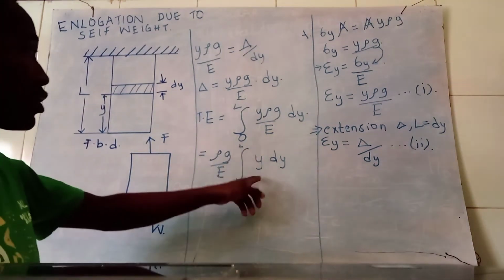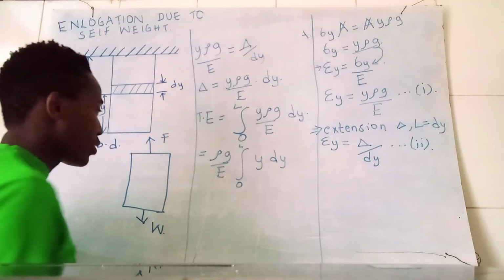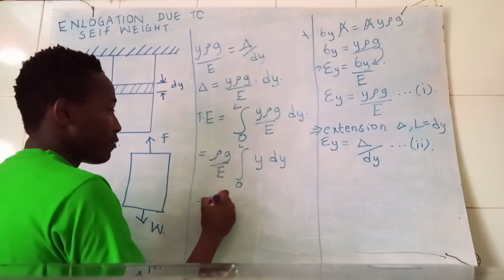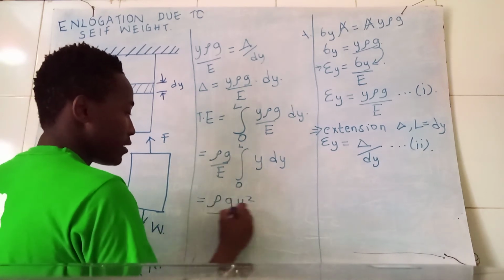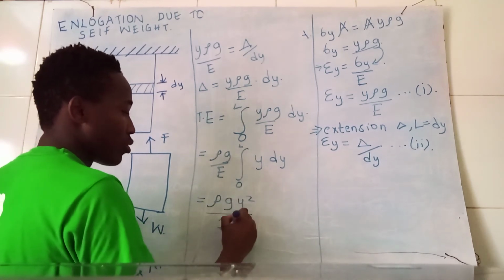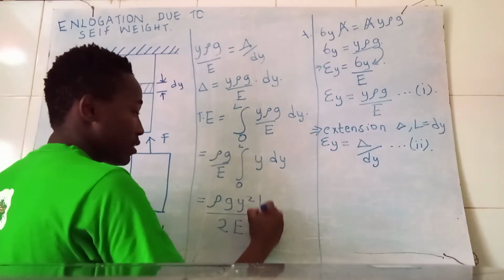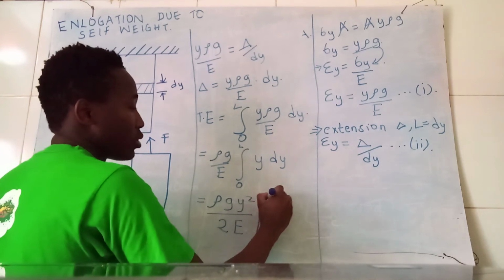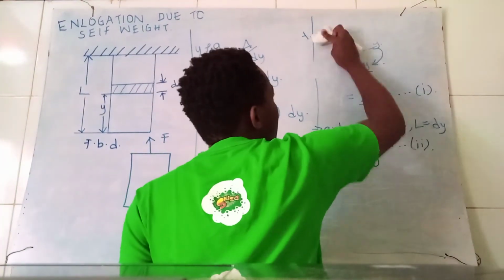Now, integration of y with respect to y is going to give me y squared over 2. And I shall have rho g y squared divided by 2E. Then the limit from 0 to L. Don't forget those limits.